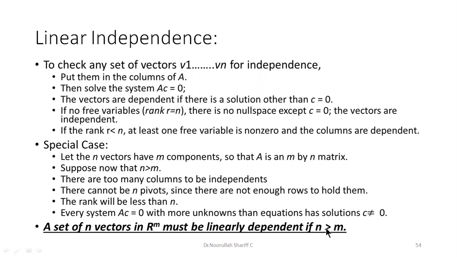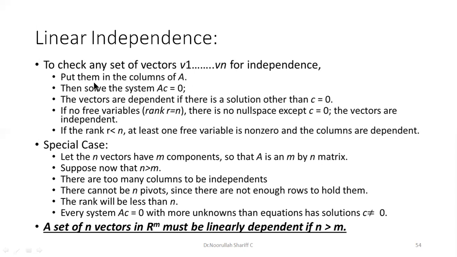So if the number of columns is greater than the number of rows, when we write the vectors as columns of a matrix, then under that condition, if n is greater than m, they will be linearly dependent. This is more important.